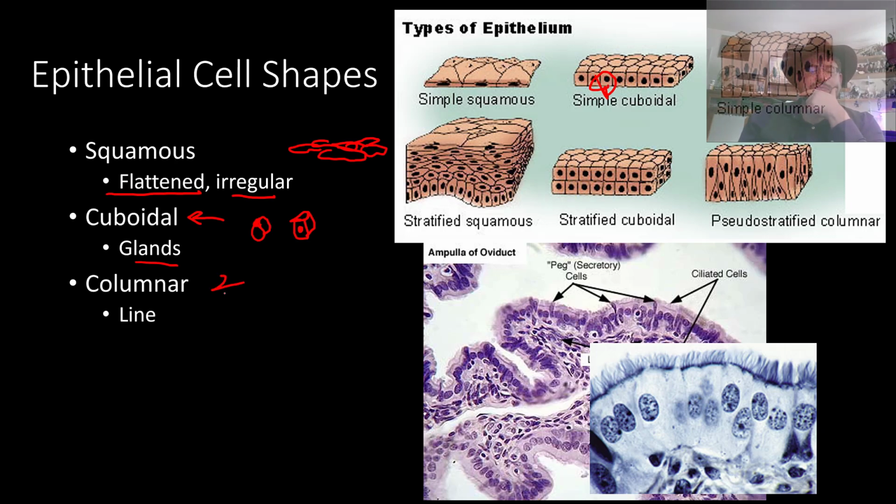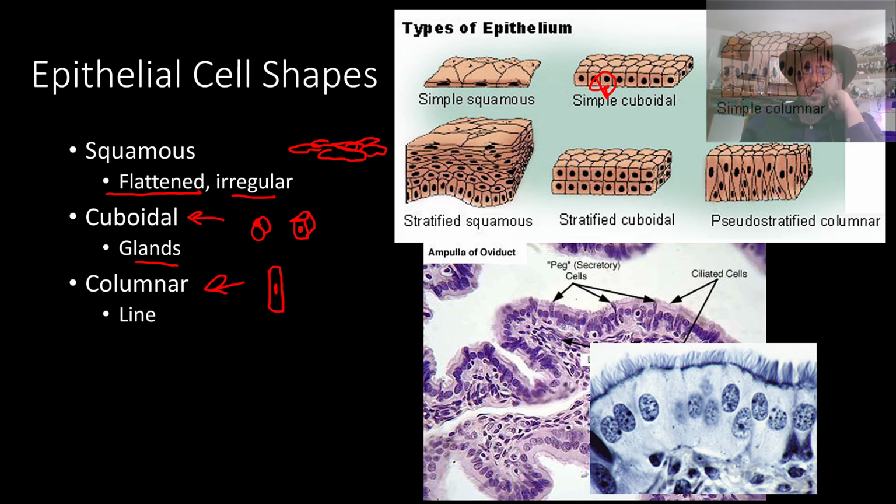And then you have columnar cells. Columnar cells are cells that are amazingly enough elongated, right? Like columns. And they line a lot of different structures in the body. So a lot of hollow organs have epithelial linings around the hollow space.